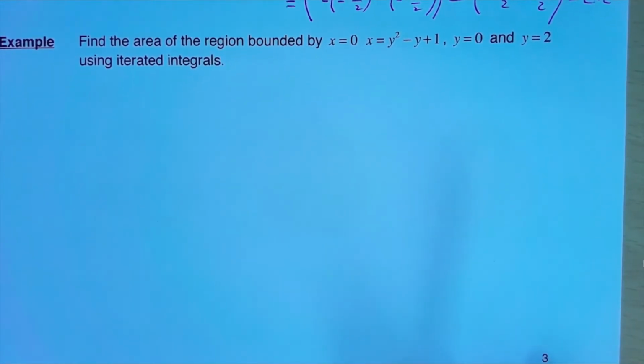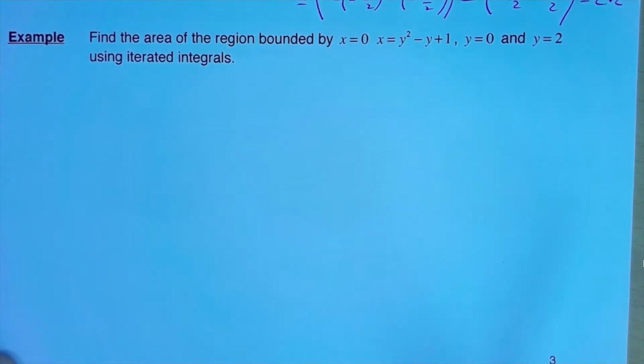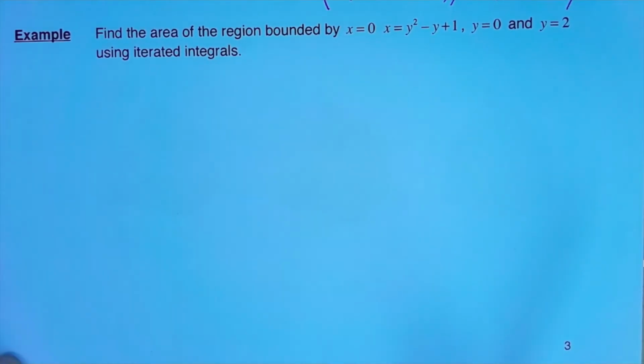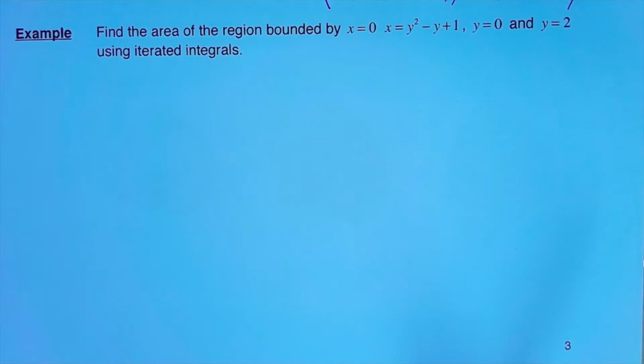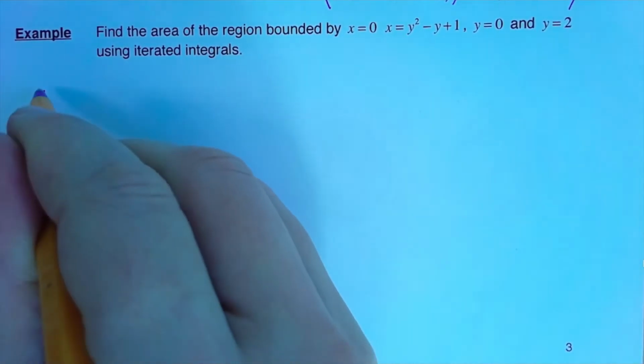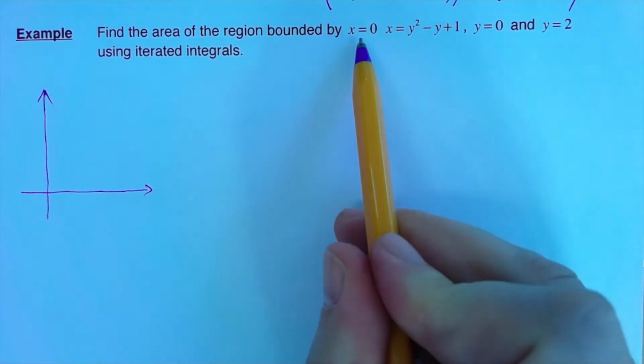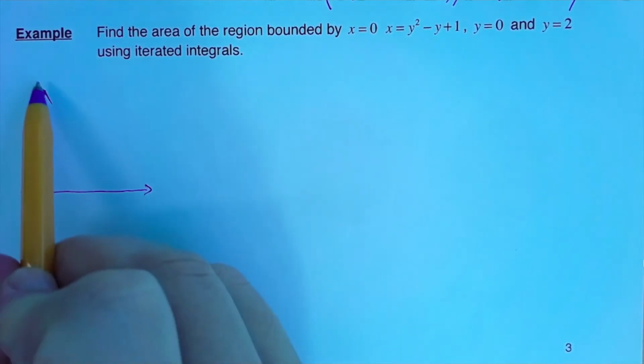So the example here will require us to understand a little bit what the region of integration is. So let's make a sketch to find out what we're talking about. We have x equals 0, which is here.